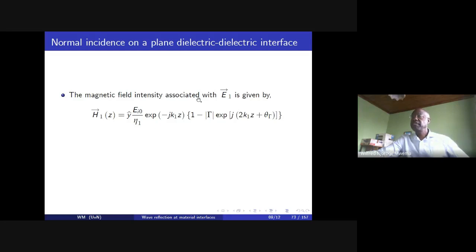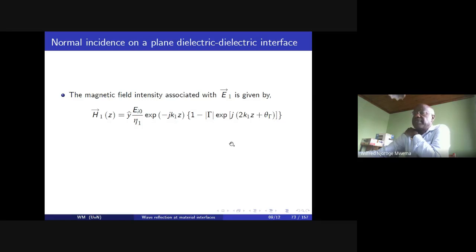The magnetic field intensity that is associated with E1 is of course given by that equation there, where we are using the direction vector cross the electric field vector, that is E1, and we will see that it's also given by that equation there. So the only difference between H1Z and E1Z is just in this expression here, where we are having a minus, while the other one had a plus.